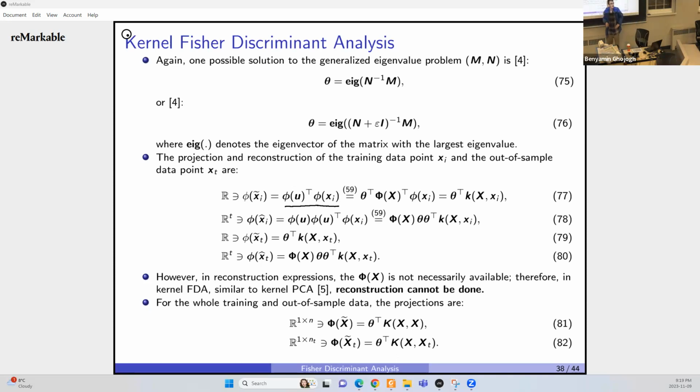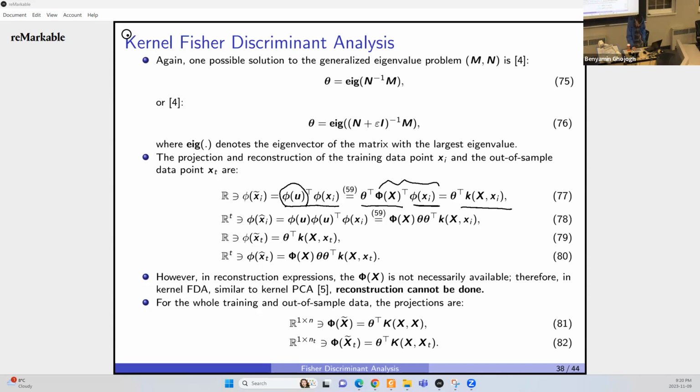According to representation theory, phi U was phi X theta. As a result, phi U transpose becomes theta transpose phi X transpose. Phi Xi is this. Again, the kernel appeared. So the kernel also appears in the test phase. Not only was it used for formalization of training, it was used in the test phase as well. Do you see that?